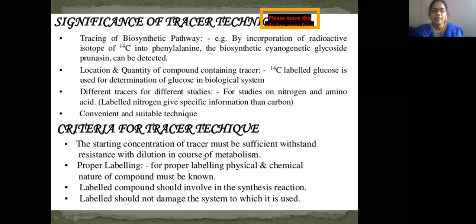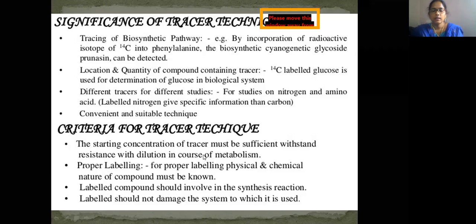Whenever we are introducing a radioisotope into the compound, that is your precursor or starting material, the starting concentration of the tracer should be sufficient, and it should be available till the end of the pathway. So if you are using this technique for the study of any biosynthetic pathway, right?